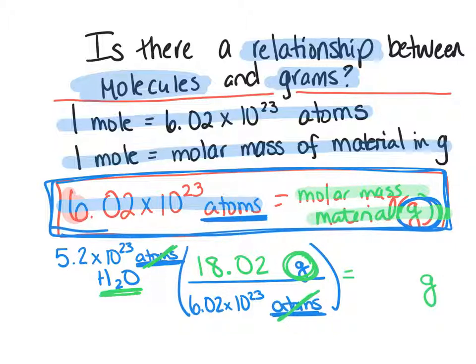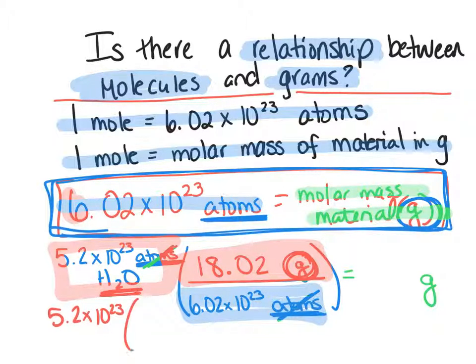Mathematically, what are we doing here? We're taking our atoms and multiplying it by 18.02, and then we're going to take that answer and divide it by 6.02 times 10 to the 23rd. In your calculator, you can literally put in 5.2 times 10 to the 23rd, parentheses, 18.02 divided by, parentheses, 6.02 e to the 23rd power, end of parentheses, end of parentheses.